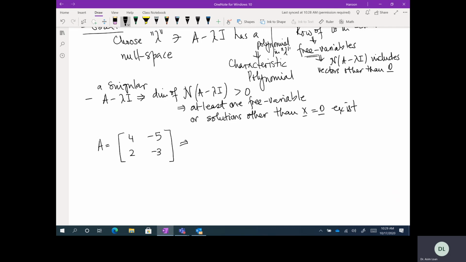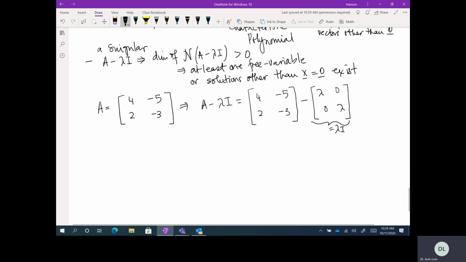So A minus lambda I, which I'm going to do just once, is A minus lambda times I2.